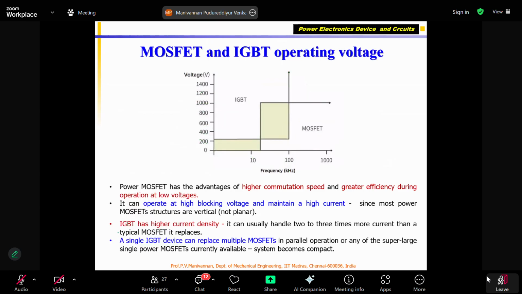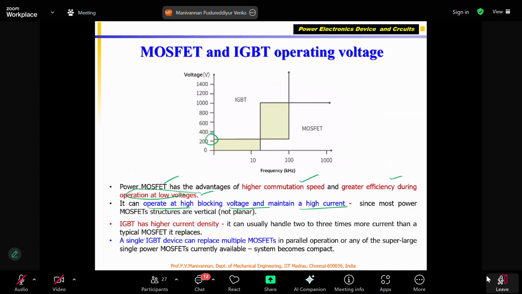The key points are mentioned here. Power MOSFETs offer higher commutation speed and greater efficiency at low voltages. That's why we said up to 200, 300 volts. It can operate with high blocking voltage and maintain high current, but again it is in the low frequency range only.